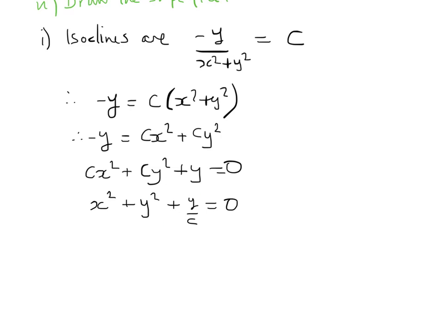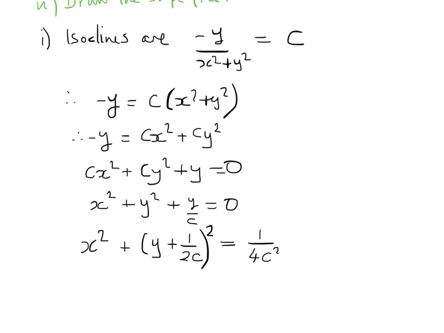So let's do that. You can see here that the x terms have already got completed square form. But for the y, we halve the coefficient of y, square that, and then we subtract the square of this 1 over 2c. So, of course, we're going to end up with minus 1 over 4c squared. But I'm going to take that minus 1 over 4c squared to the other side and get that.